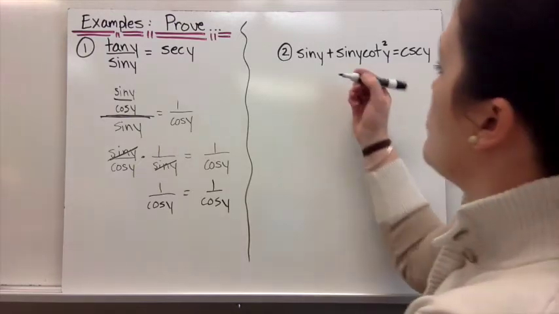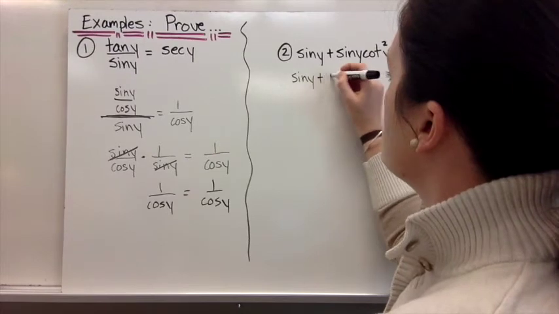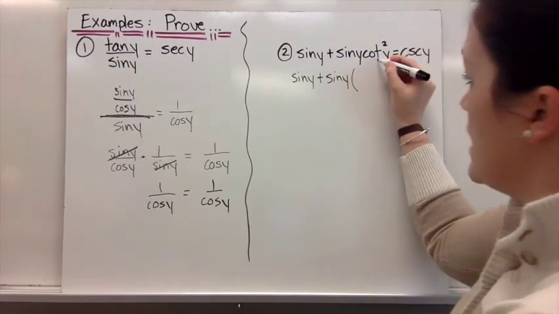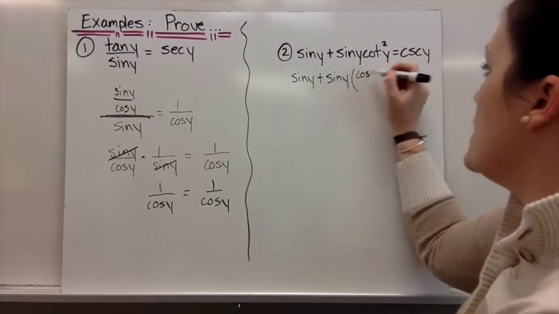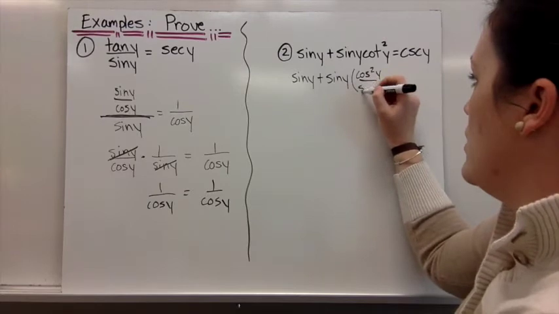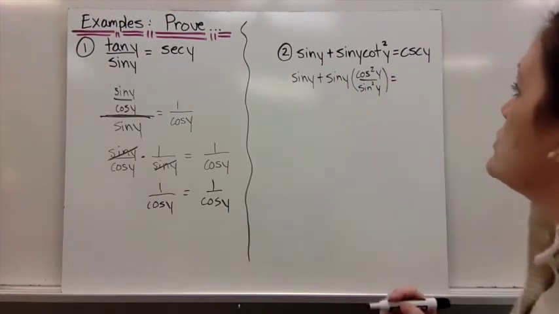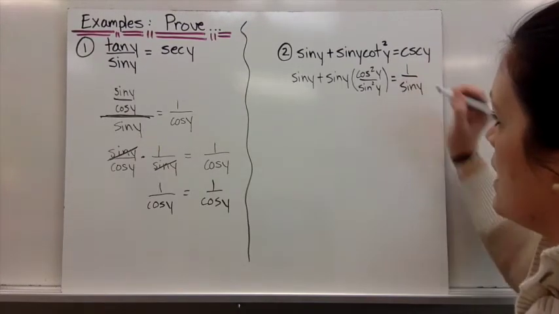So we have sine of y, let's leave that alone, plus sine of y, I'm going to still leave that alone, times cotangent squared y. Let's put that one as cosine squared y over sine squared y equals, and then cosecant y is 1 over the sine of y.